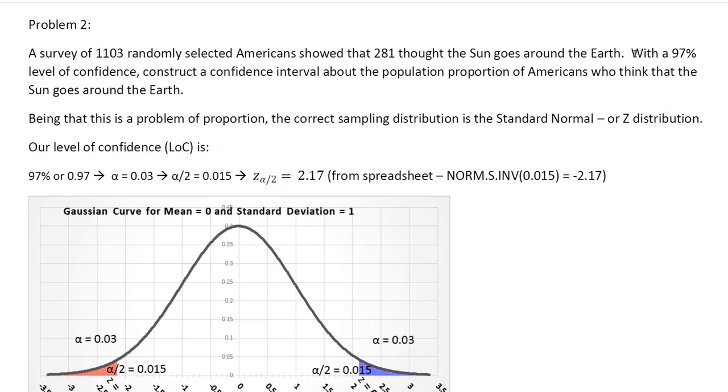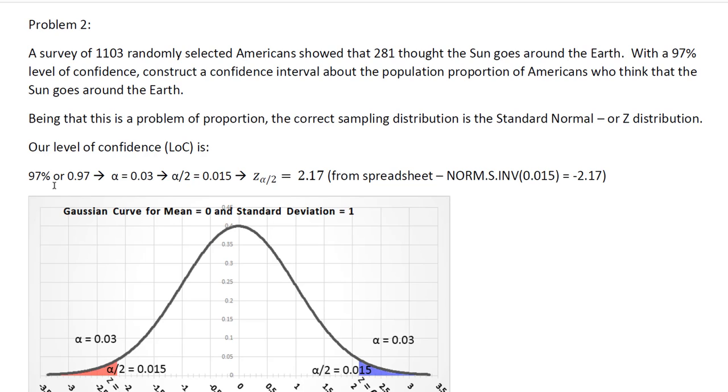With a 97% level of confidence, construct a confidence interval about the population proportion of Americans who think that the sun goes around the Earth. Being that this problem is a proportion problem, just like the last one, the correct sampling distribution is the standard normal, or the Z distribution.